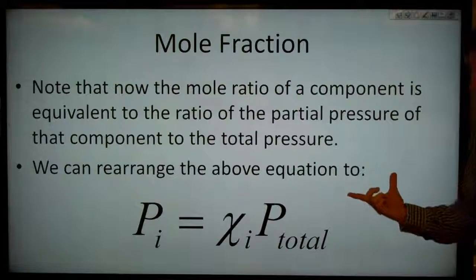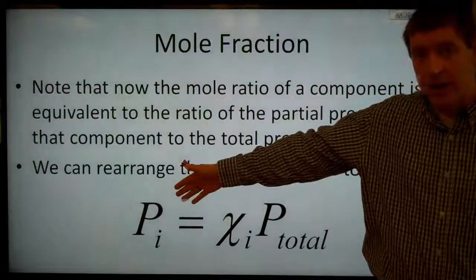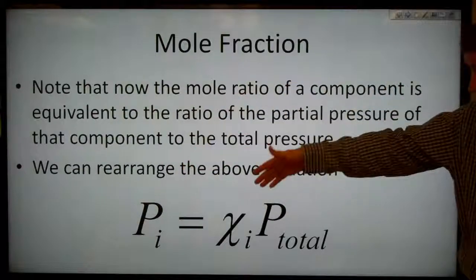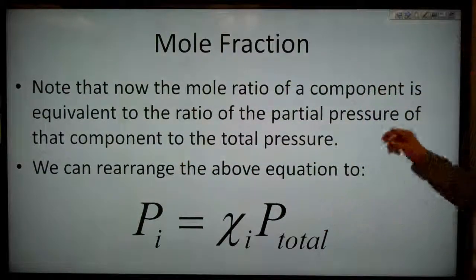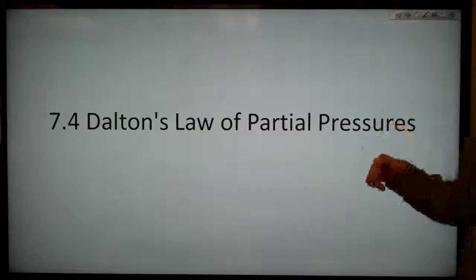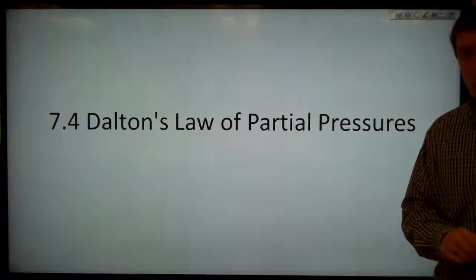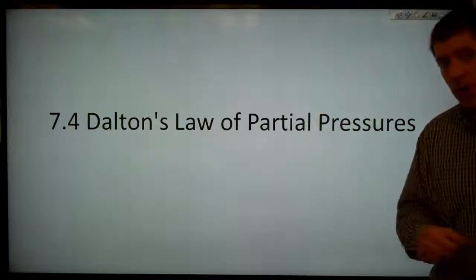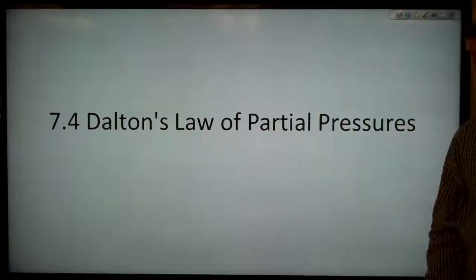And now we can rearrange that equation to give us the partial pressure of our component is equal to the mole fraction times the total pressure in the system. So now we have a way of finding the partial pressure of a component given that we know its mole fraction and that we know the total pressure. So that was Dalton's law of partial pressures.